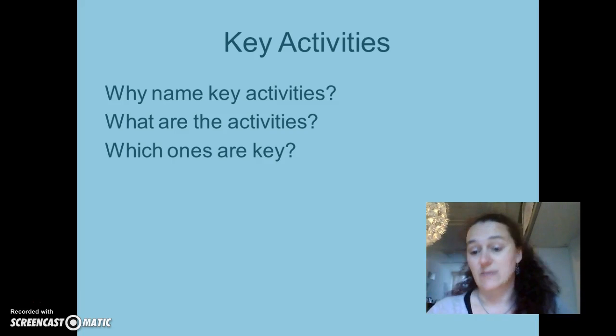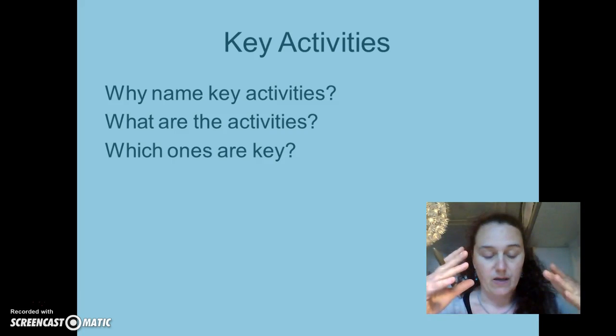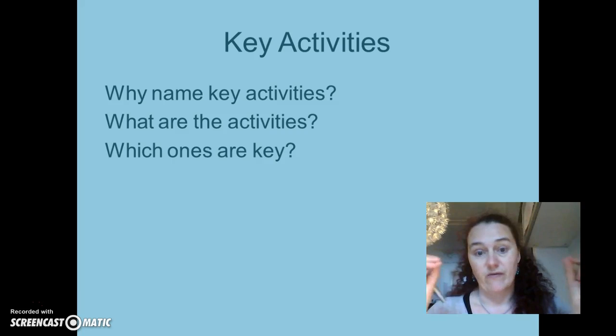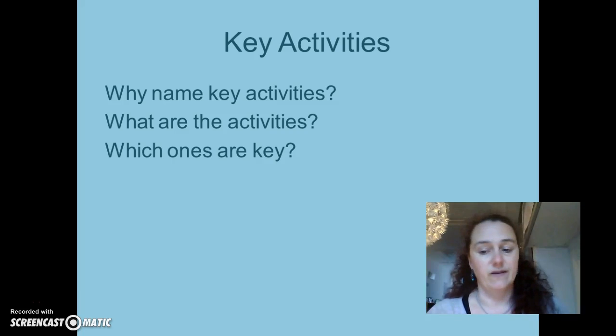However, not all businesses are as straightforward. Some are more complex, and especially in large businesses, things are different. So it can be really important to find out what your key activities are, depending on the complexity of your business and your value proposition. Very often there's more than one activity that is key in delivering your value proposition.